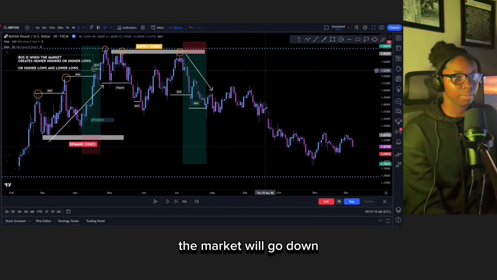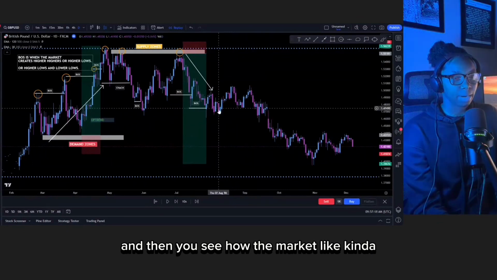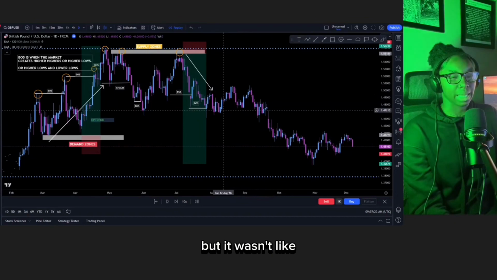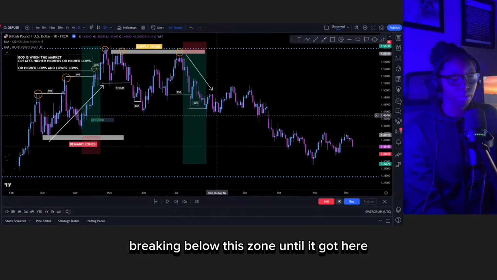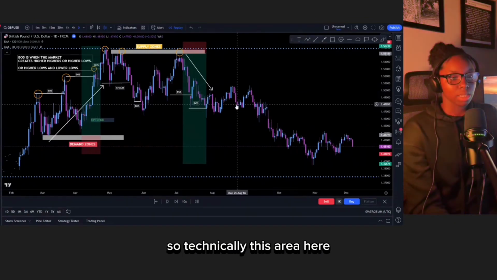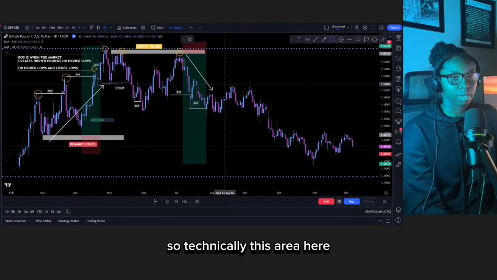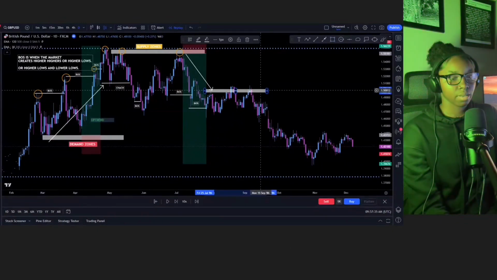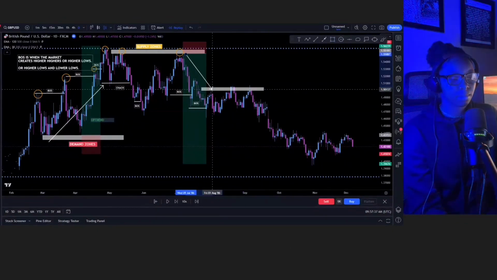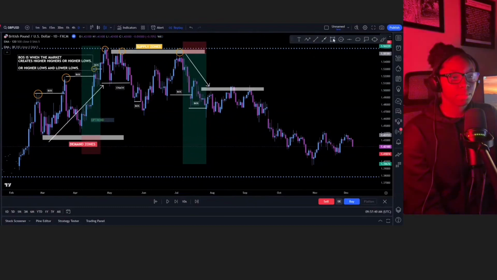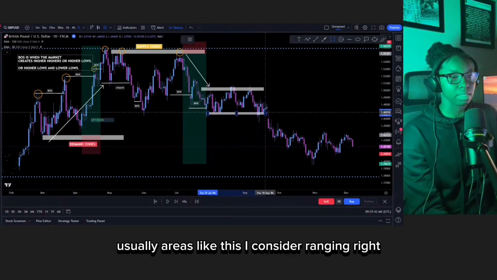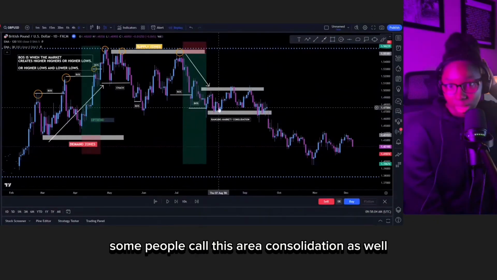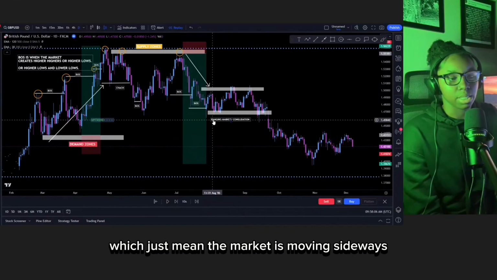The market will go down, and then you see how the market kind of went up a little bit, came down, went up a little bit, but it wasn't breaking below this zone until it got here. So technically this area here, usually areas like this I consider ranging, right? Some people call this area consolidation as well, which just means the market is moving sideways.